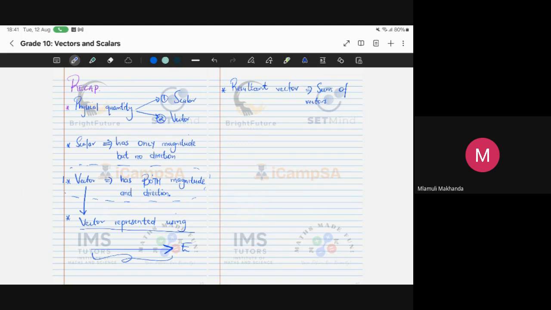And then we have a resultant vector, which is a sum of all the individual vectors. Now, we ended up doing problems, so we'll just go straight to those problems.